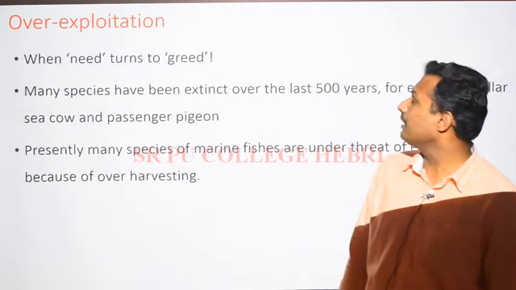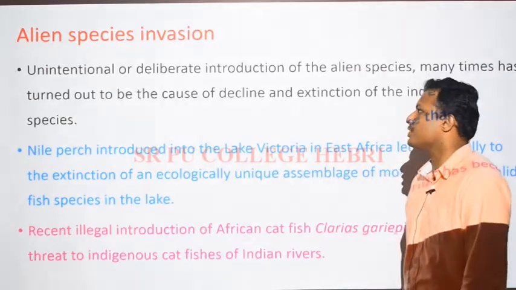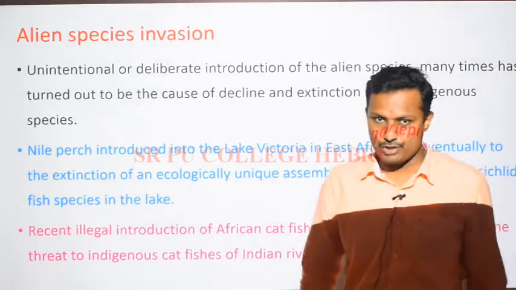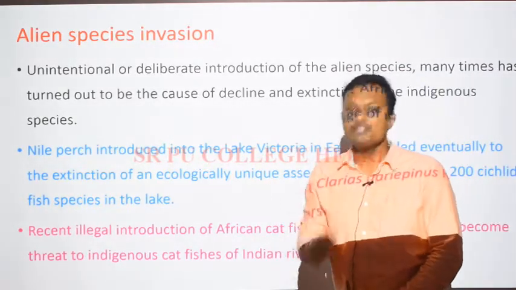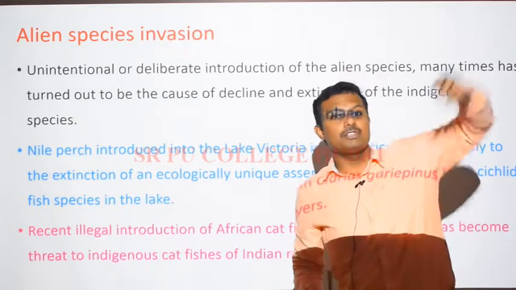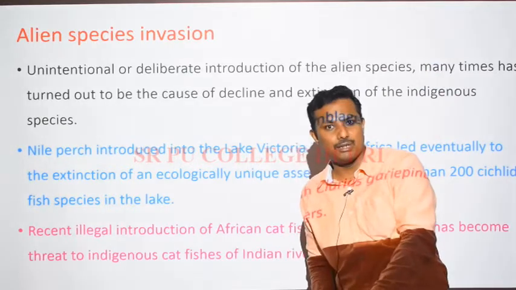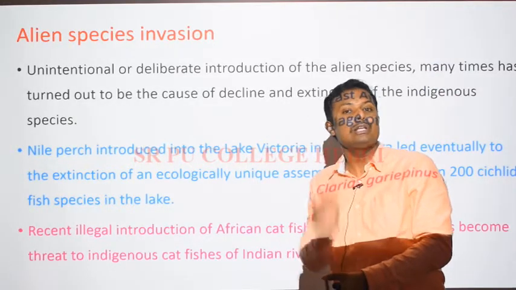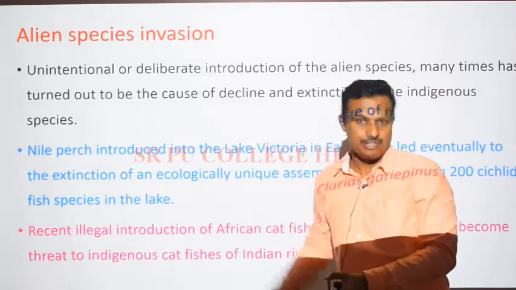The next factor in the evil quartet is alien species invasion. I've already told you about this in the previous session. The species which are not native to this particular land, which are from some other habitat, when they are introduced into this habitat, will cause invasion and the extinction of the other native species of this land.